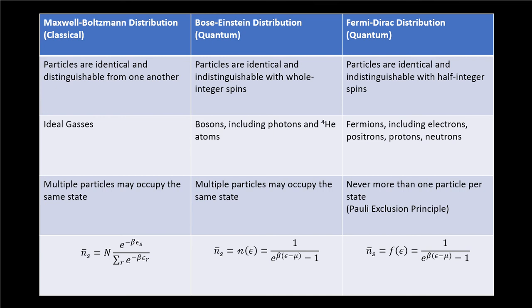So 1 over kBT. Epsilon, or E as it's written elsewhere, is the energy. Epsilon sub s is the energy in a given quantum state s compared to a quantum state r. And mu is the chemical potential, which shows up in the quantum realm.